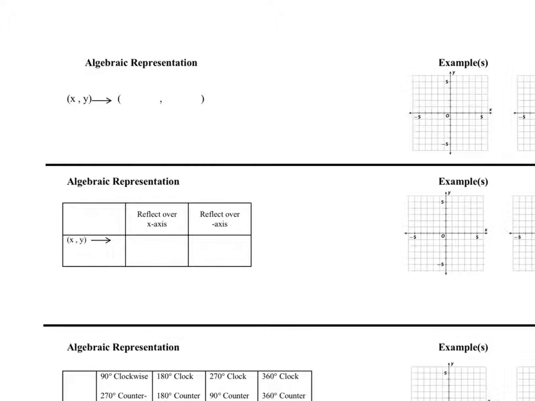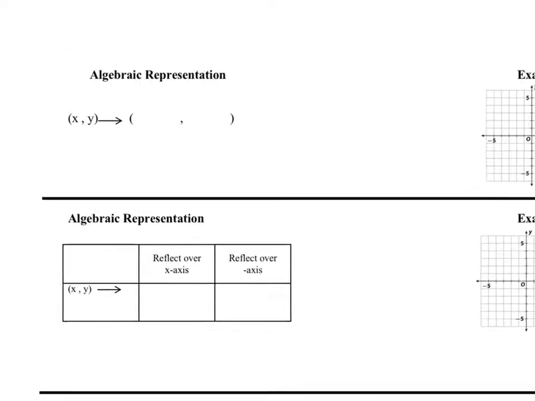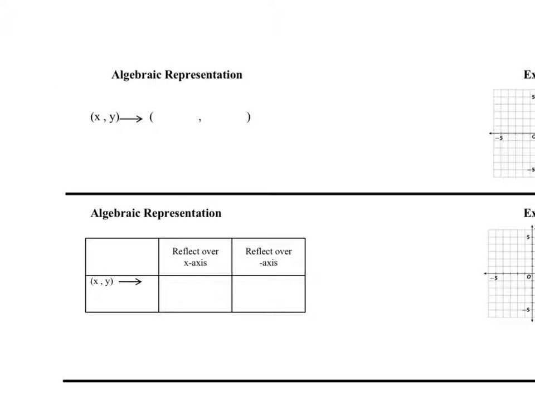Okay, so the first one is a translation, and the rule is we start with x comma y. Remember, it always starts with x comma y, and then it's going to transform into x plus something, we're going to say a, and then y plus b. It could also be minus, so a or b could be a negative. In that case, it would move in the opposite direction.